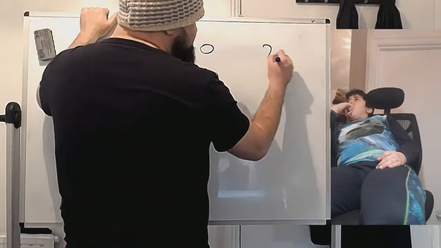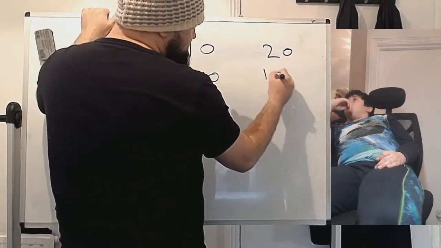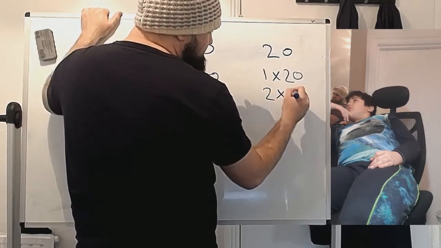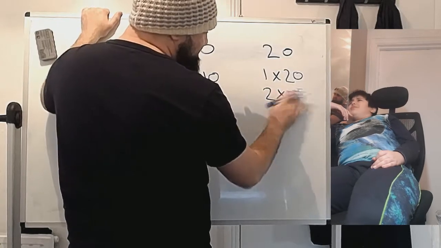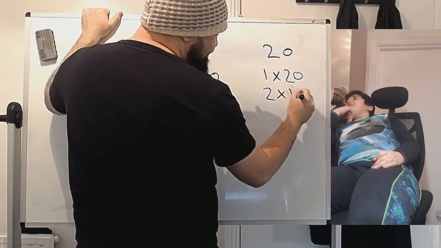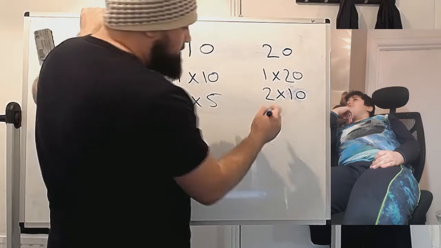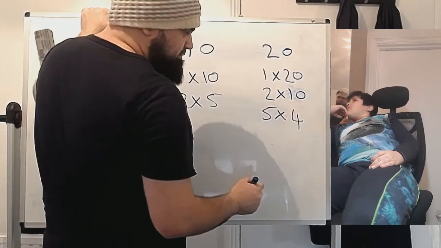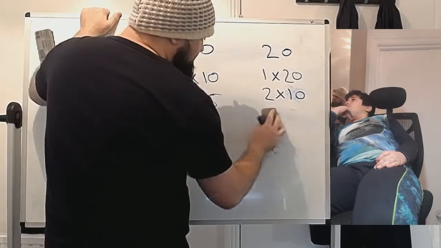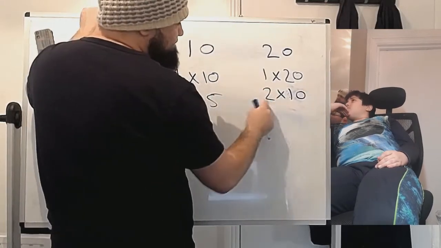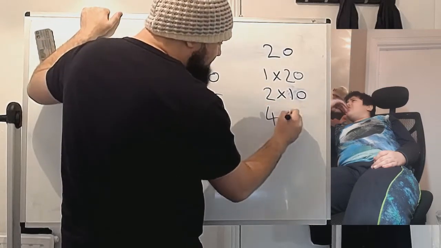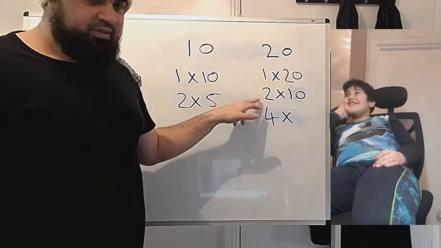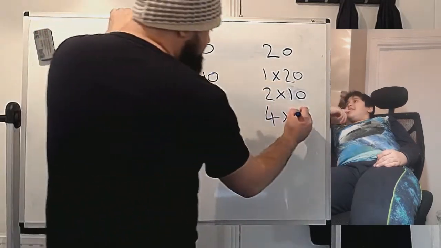If we write the factors of 20, we got 1 times 20, 2 times 10, 4 times 5.